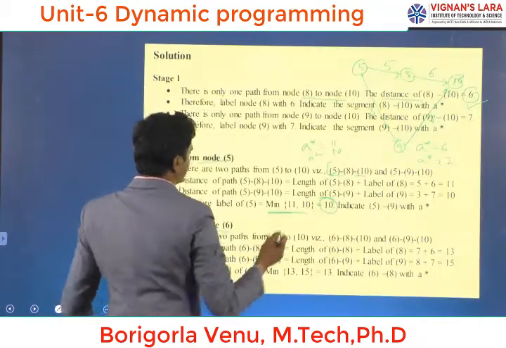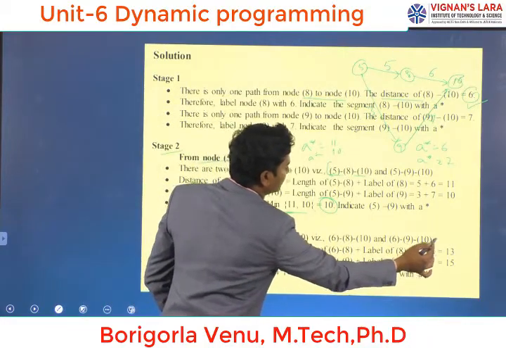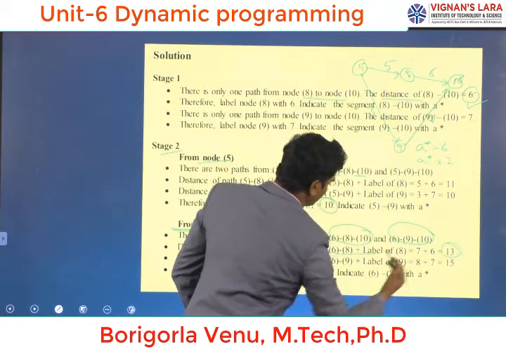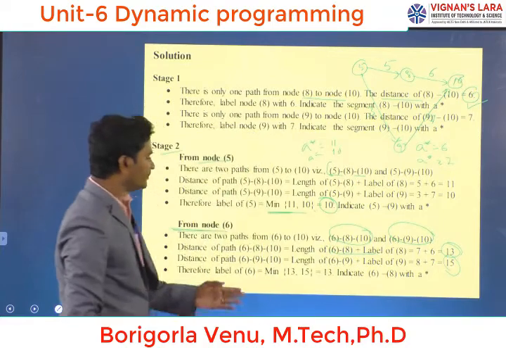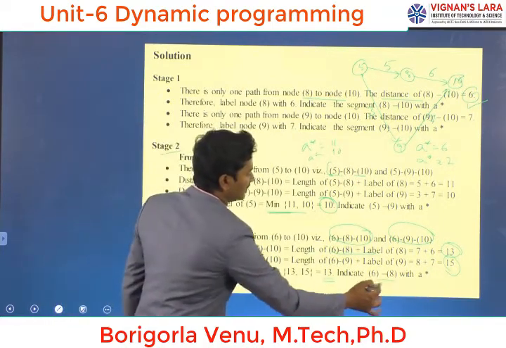I mentioned 6, 8, 10 and 6, 9, 10. These two are the routes. Coming to the first route, the distance is 13, and the second route, the distance is 15. From this, the minimum value is 13. So we are going to take the route 6 to 8.